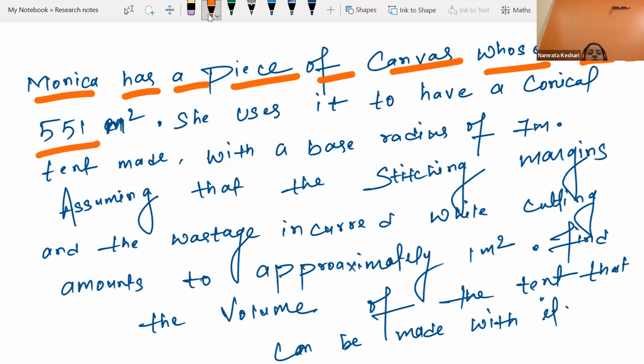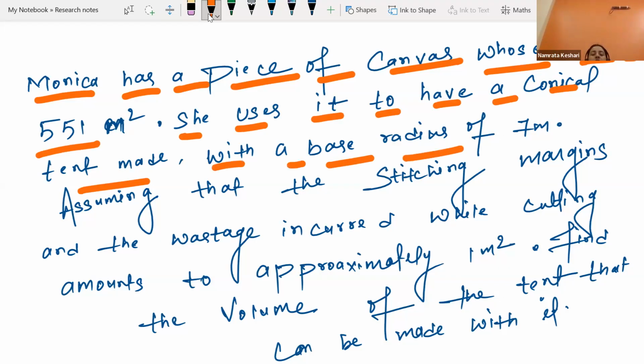Now she uses it to have a conical tent made, with a base radius of 7 meter.